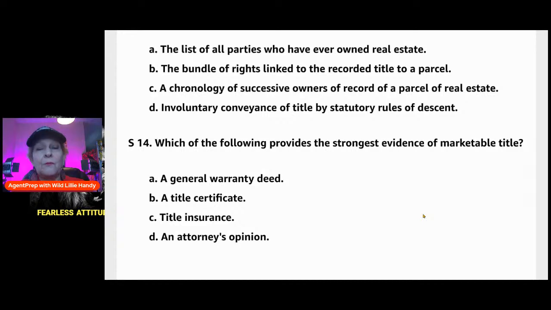But here it is a warranty deed. The title insurance is insurance like life insurance, car insurance, home insurance, on the research that the title company did on the history of that property and whether anything that is attached to it or is encumbered to it has been shown in their title search.